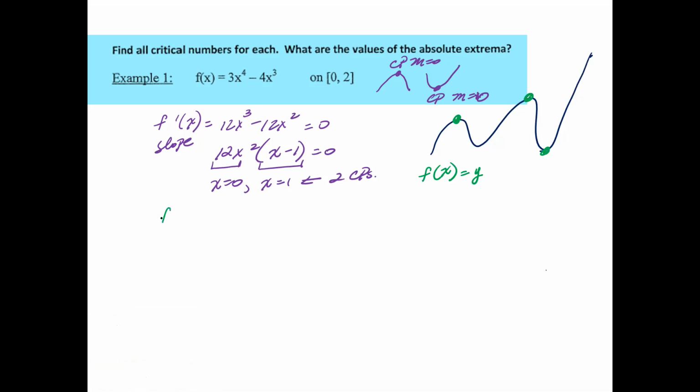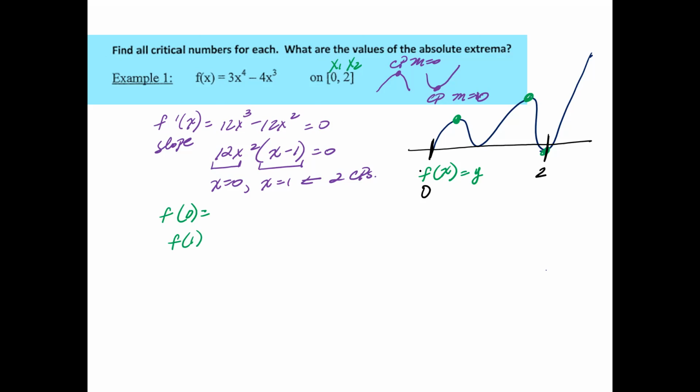So let's do that. I'm going to plug in f of 0, f of 1. And another thing is, it says it's on [0, 2]. So let's say this is your x-axis, this right here is 2, and this right here is 0.